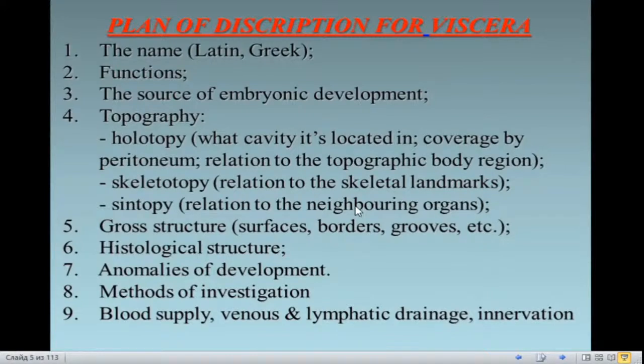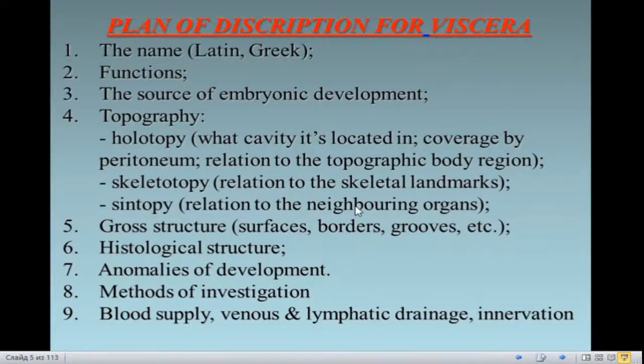The next necessary thing to be described in the plan of description for viscera is gross structure. Gross means what we can see with the bare eye, like anatomical structure, surfaces, borders, grooves, large lobes, and so on, for example, ligaments.